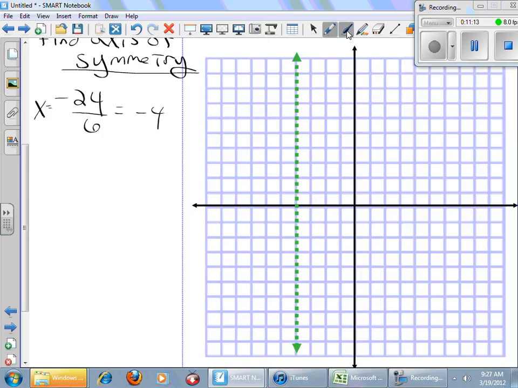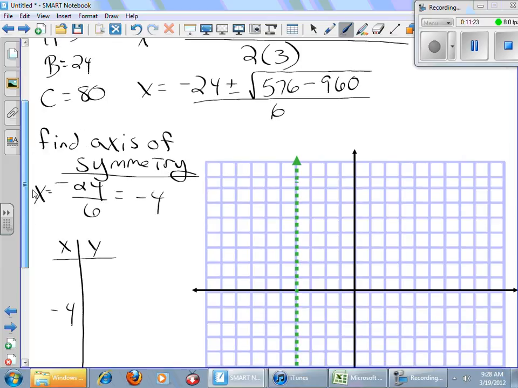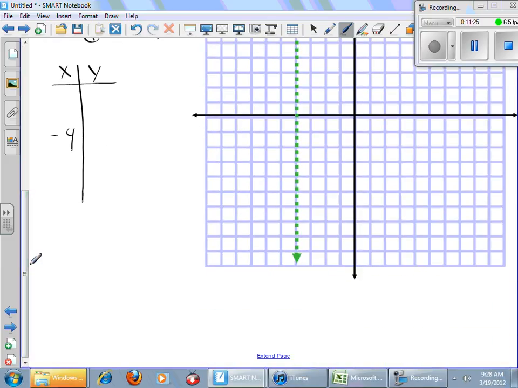All right, so now that I have that, I'm going to find the y-coordinate of the vertex. Well, I'm going to use a t-table. I'm going to plug negative 4 into the original equation. So I'll do my work down here with 3 times negative 4 squared plus 24 times negative 4 plus 80.